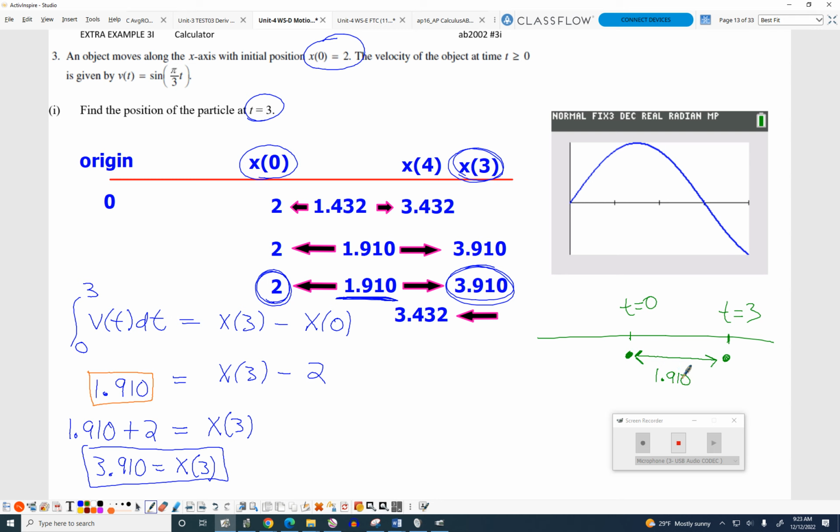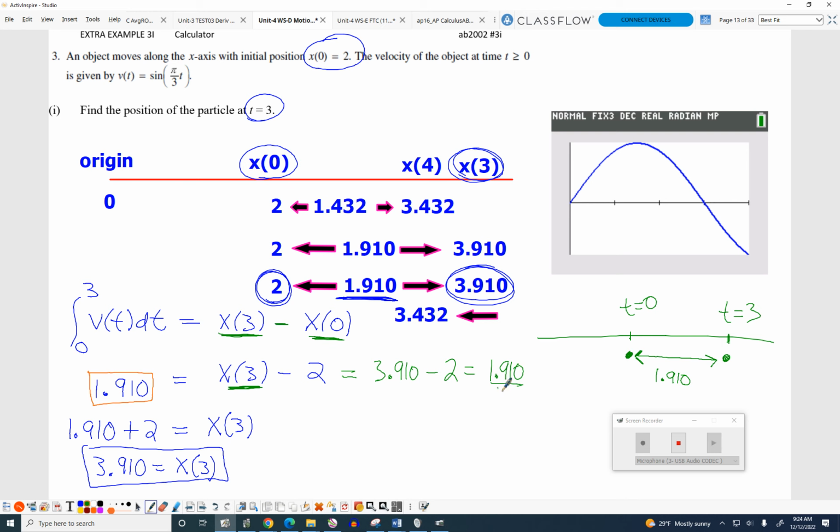Okay. So that's what this equation is saying. Wherever the object is, if you subtract from that where it was, you're going to get 1.910. So we're just looking for this number here: where does the object end up? Well, we know the answer in the end is 3.910 minus 2, and that has to equal 1.910.